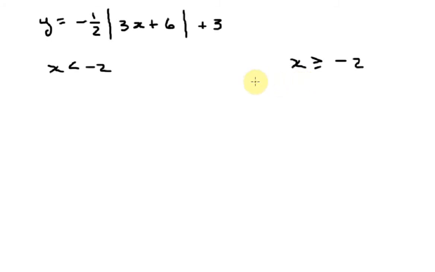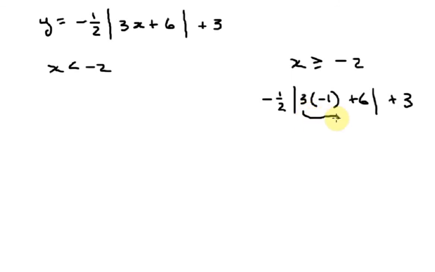Now it might be easier to start with the right side. What happens there is that if you take a number that is to the right side of -2, let's try something like -1, and you plug it into your function, what's happening inside the absolute value?